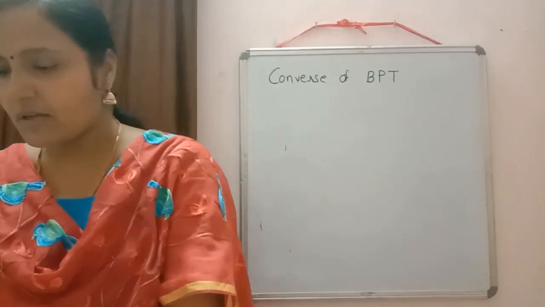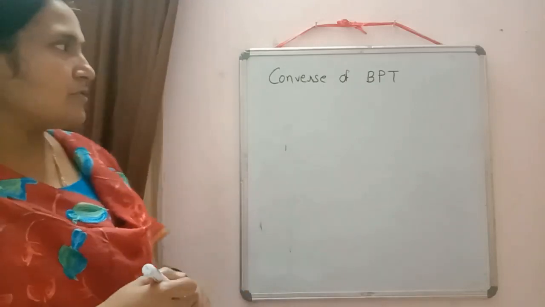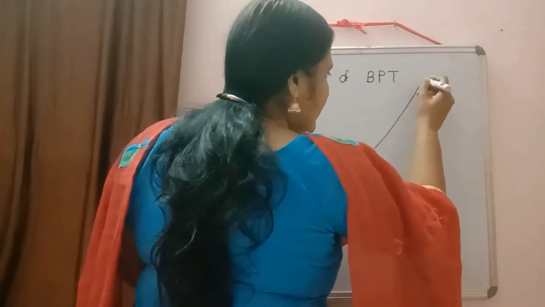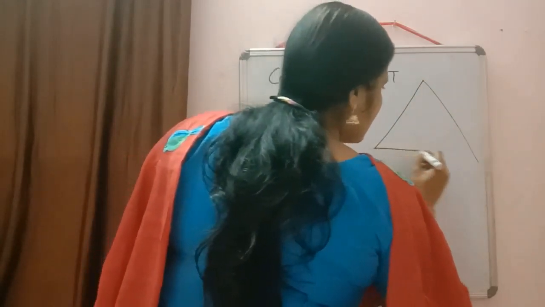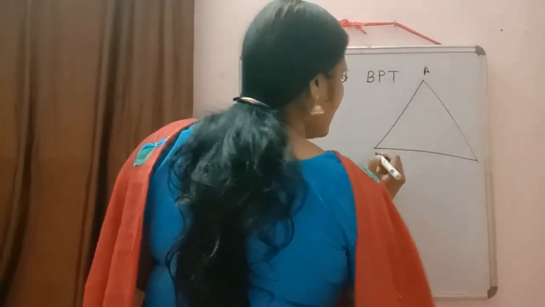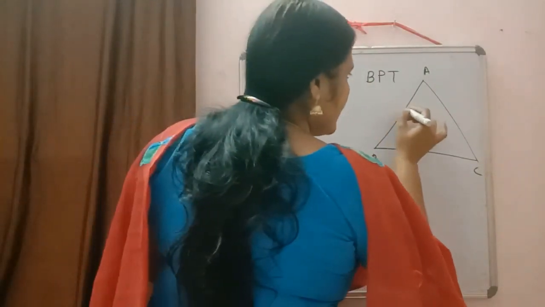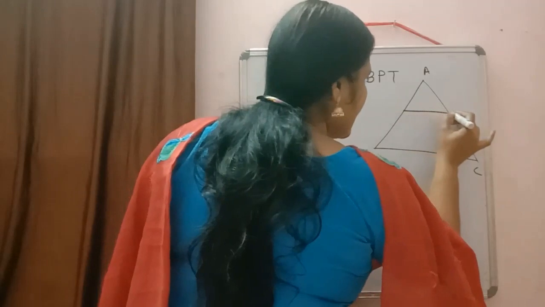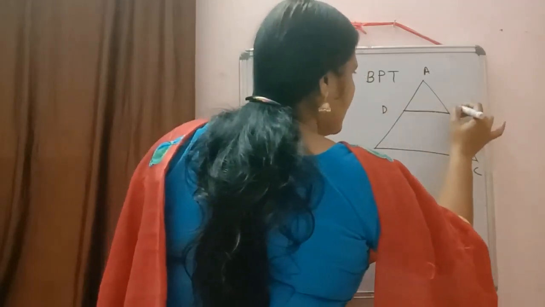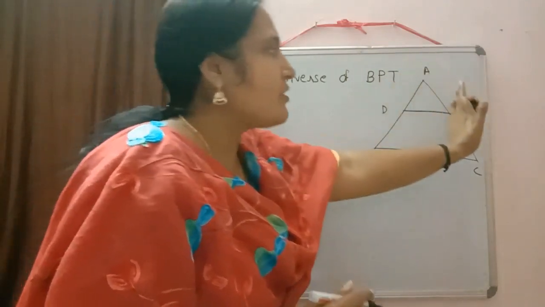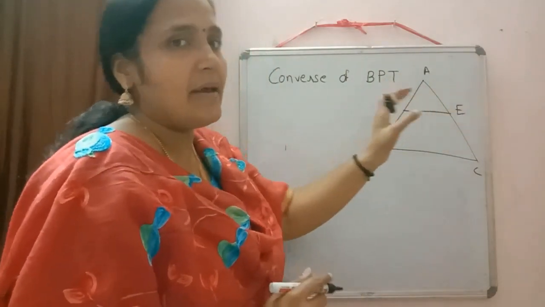Now we will check what the theorem says. First, if a line divides any two sides of a triangle, that is given. Suppose we have a triangle ABC and a line is there. Suppose the line is a line segment DE which divides the two sides of a triangle in the same ratio.